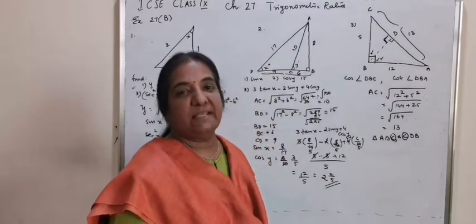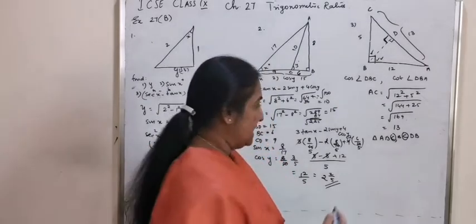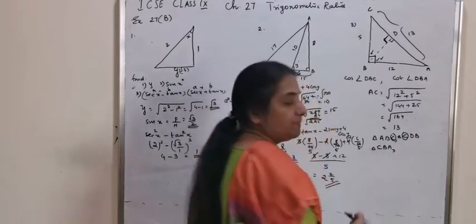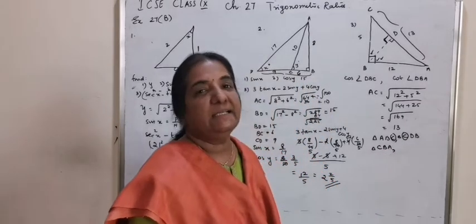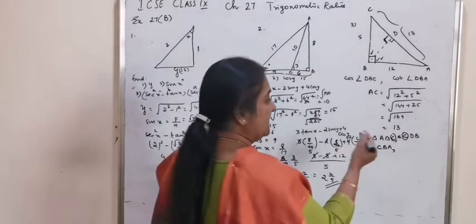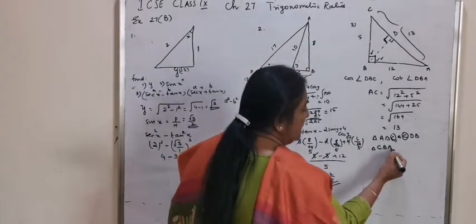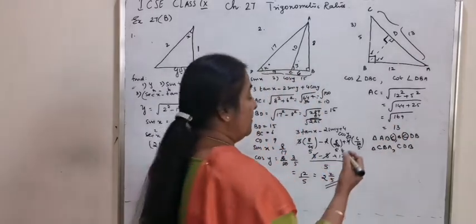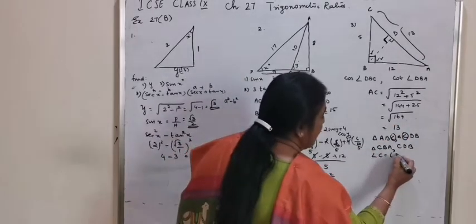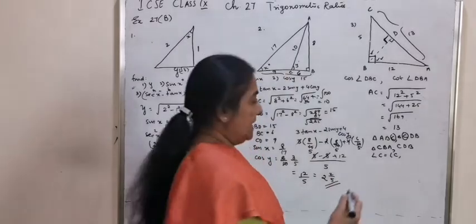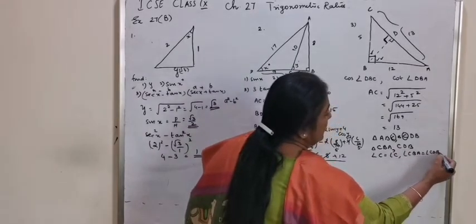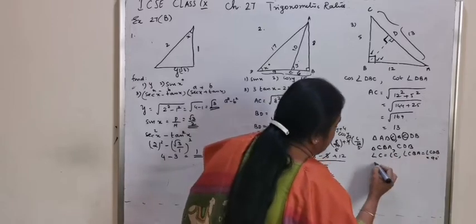So let's arrange the triangles in such a way that the common angle is in the beginning and the right angle in the center. So arrange the triangles as CBA and CDB. You can already see that angle C and angle C are common and angle CBA is equal to angle CDB, which is equal to 90 degrees.